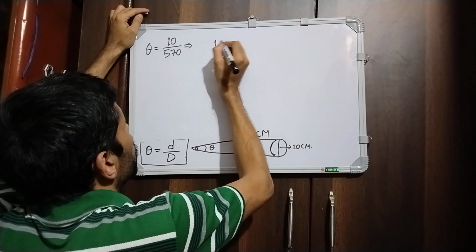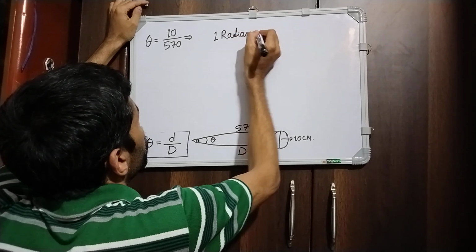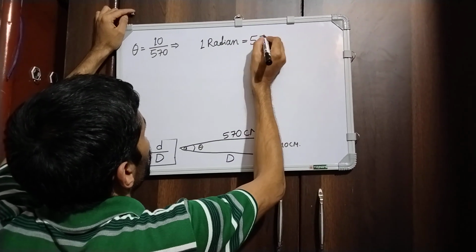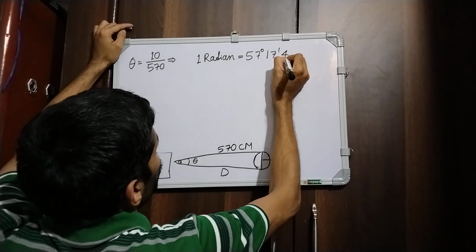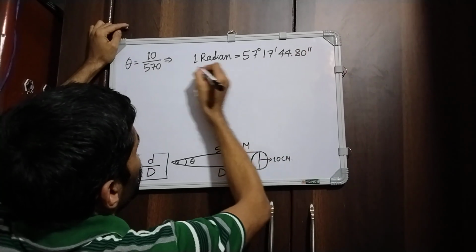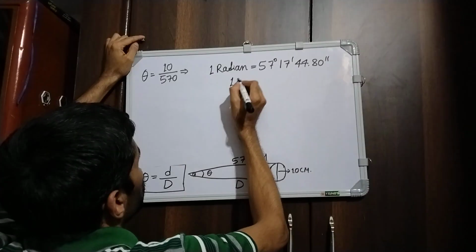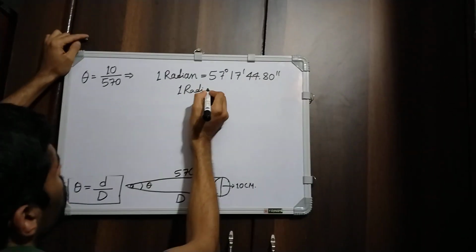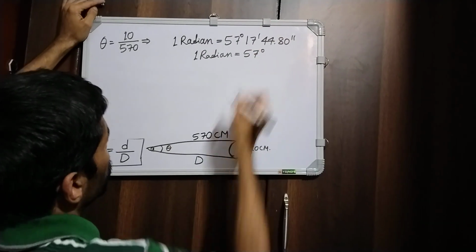1 radian is equal to 57 degrees 17 minutes 44.80 seconds. This is the value of 1 radian. Now I am approximating this 1 radian to 57 degrees for the purpose of simplification.